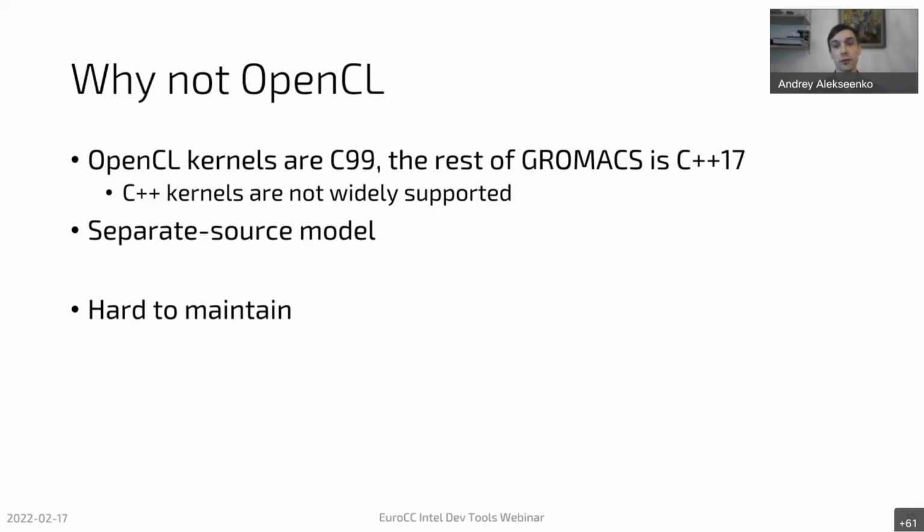And the rest of GROMACS was already C++17. We still had some parts in legacy C++, but it was mostly modern C++17. So having a mix of C99 kernels and C++ in the rest of the code was a maintainability burden. We had to duplicate some functions and some structure definitions.